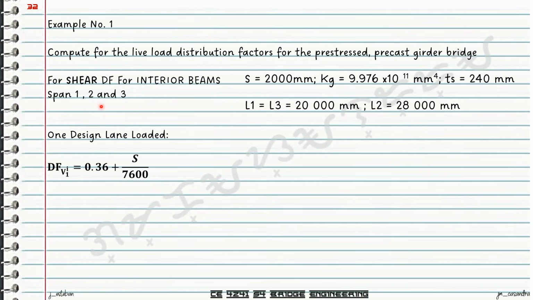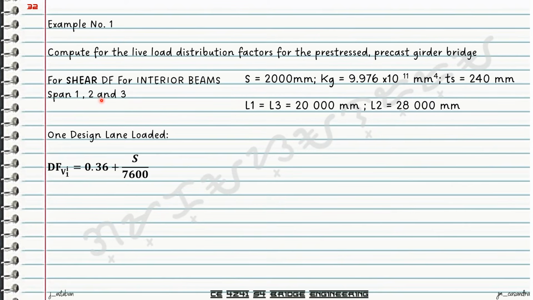Unlike for this shear, since only the spacing will control your distribution factor, which is a spacing equal for all the spans, then we could compute for the distribution factor for shear simultaneously for all our spans.